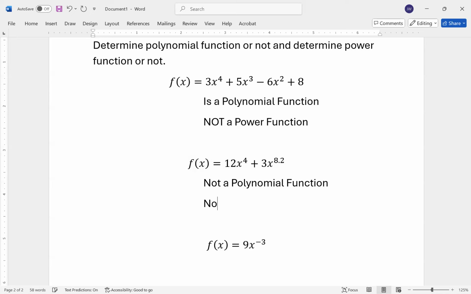It's not a power function because it has multiple terms. So this one is not a polynomial function and also not a power function.